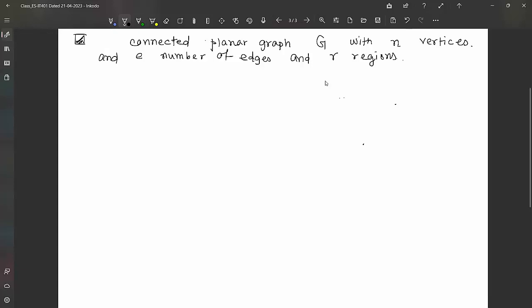Take here a connected planar graph G with n vertices, e number of edges and R regions, the formula n minus e plus R is equal to 2 holds. Always n minus e plus R is equal to 2 holds, or in the region form, R is equal to e minus n plus 2.